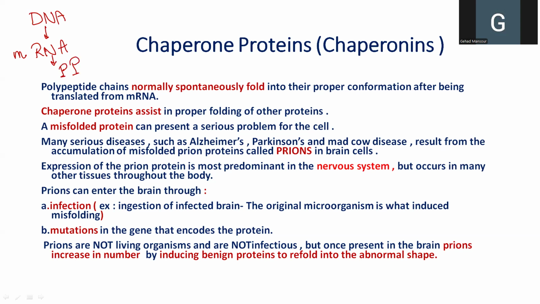Usually just after having been translated, these polypeptide chains will fold spontaneously into the final level of hierarchy, tertiary, quaternary, in order to be functional. And how do they fold spontaneously?